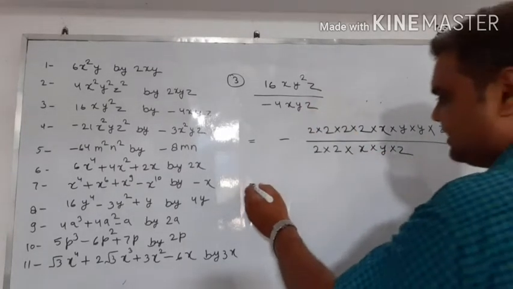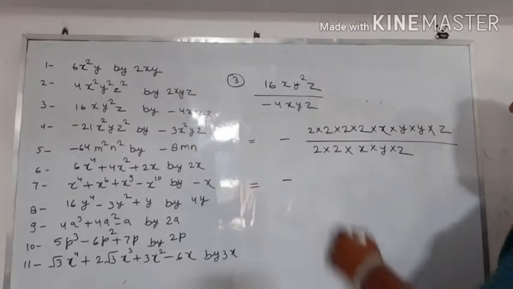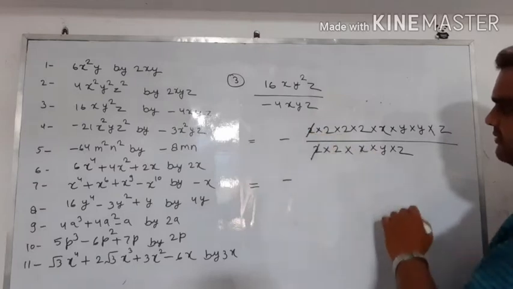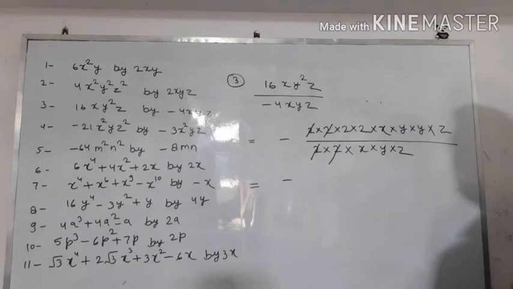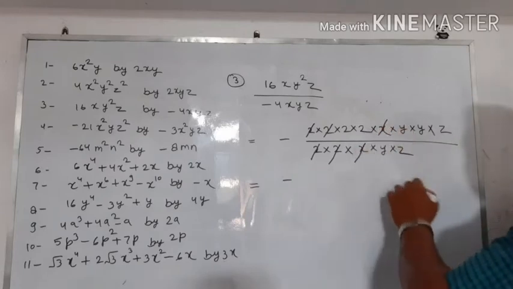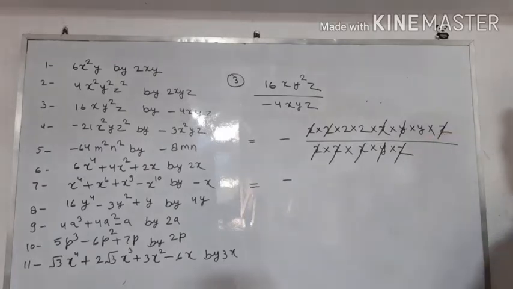Now let's see what is cancelling. The negative sign will be there. After that, this 2 will be cancelled with this 2, another 2 is cancelled with the other 2. After that 1x will be cancelled with 1x, 1y with 1y, and 1z with 1z.